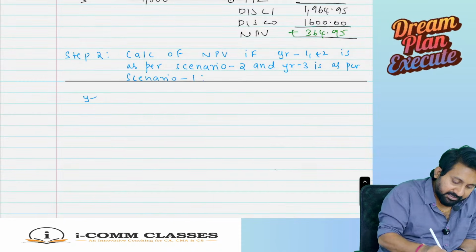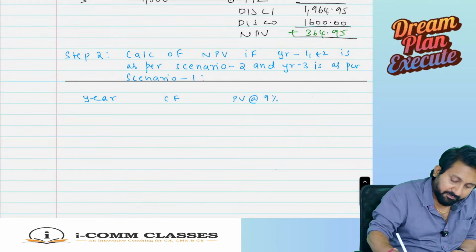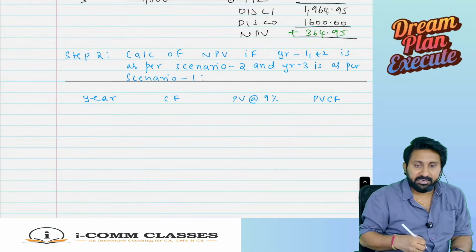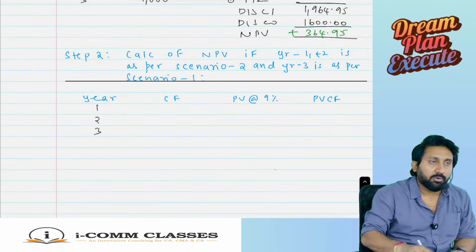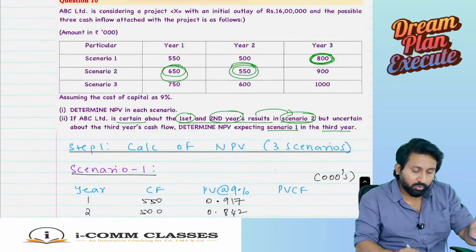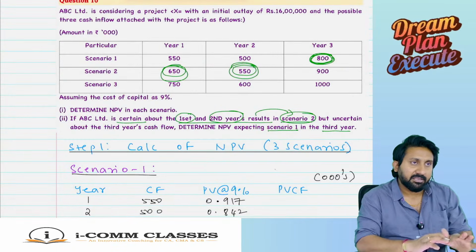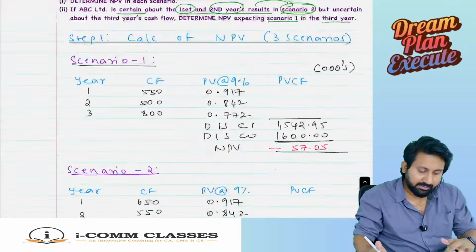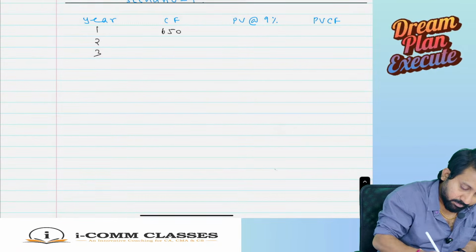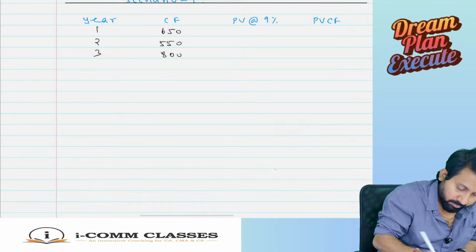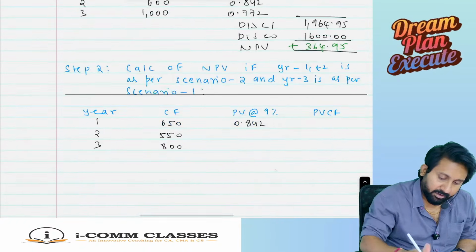Don't just copy the answers, please do it on your own. Here, cash flow, PV at the rate of 9%, PVCF. Here, 1, 2 and 3. Scenario 2 cash flow is how much for year 1? 650, 550, 800. These are our 3 cash flows. 650, 550 and 800. .917.